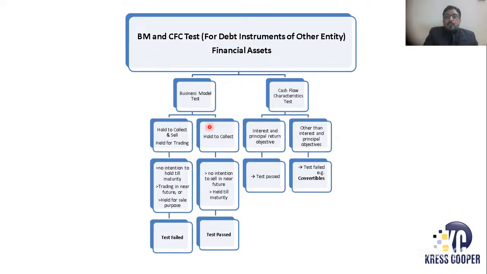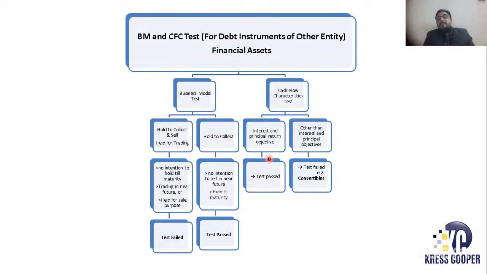If it is hold to collect, the test has passed. But if it is hold to collect and sell or hold for trading, the test is failed. Just for understanding purposes. And if the cash flow characteristics are based on SPPI, the test is passed. Other than this, the test is failed.